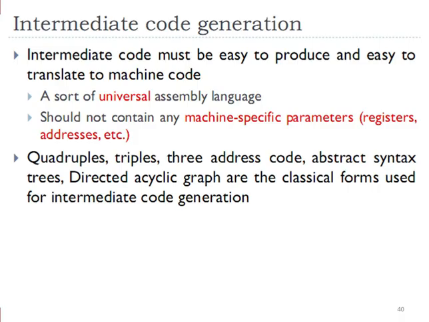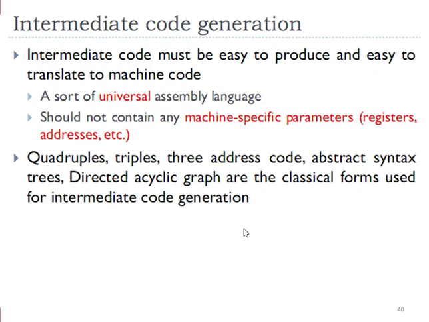So we do have other forms, some classical forms of representing the code as an intermediate code. So we can create quadruples or triples or three address code or abstract syntax tree or directed acyclic graph as some forms of intermediate code.